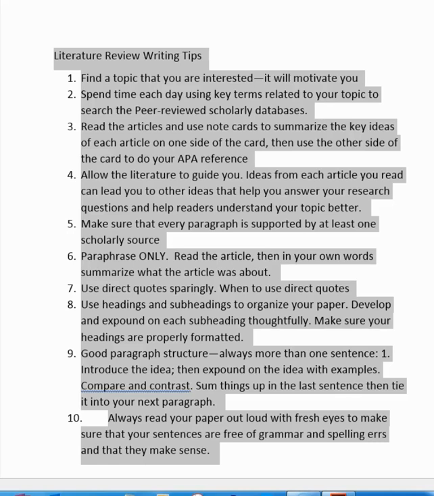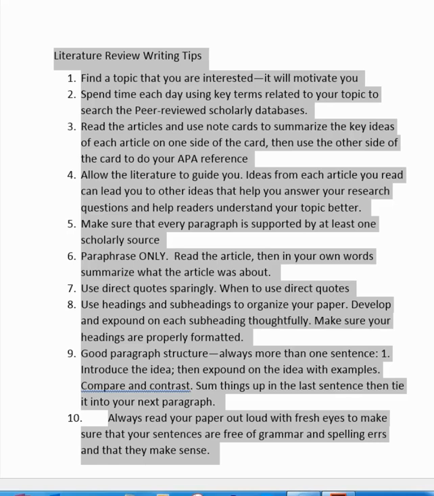Number 6, paraphrase only, capital O-N-L-Y. Sometimes as an undergraduate, we get into the habit of saying, hey, here's a direct quote by so-and-so. Here's another direct quote by so-and-so. And here's another direct quote by so-and-so. That's a very undergrad thing to do, but it is not a scholarly thing to do. You need to be the author of your paper.